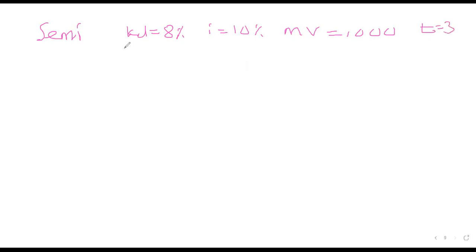So the interest will always be divided. Since semi means 2, our KD divided by 2 will become 4%. Our coupon interest will be divided by 2, it will become 5%.